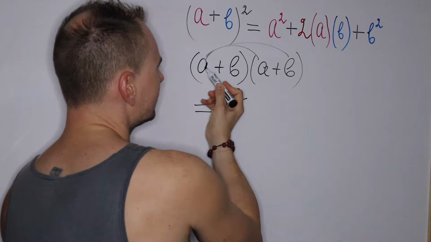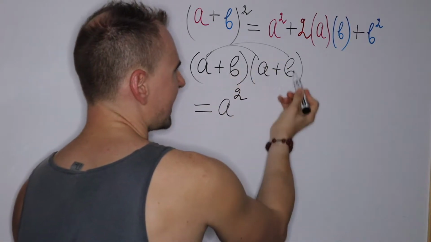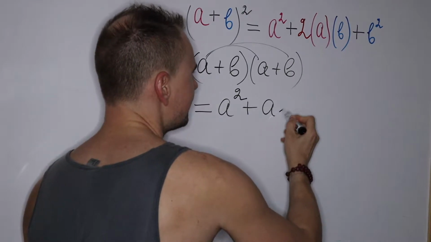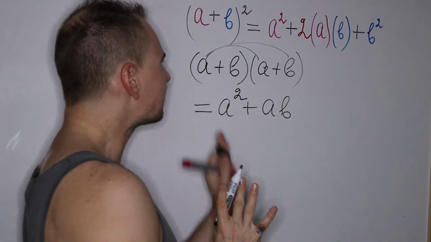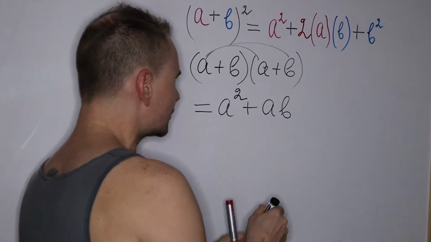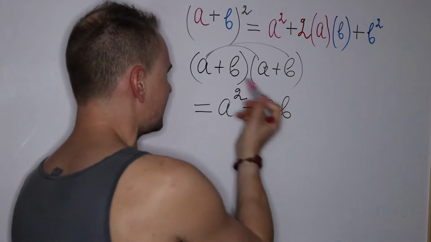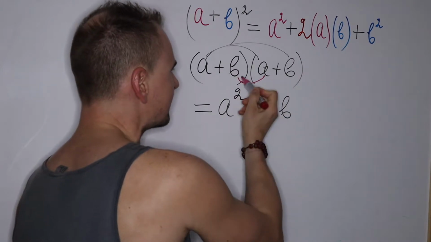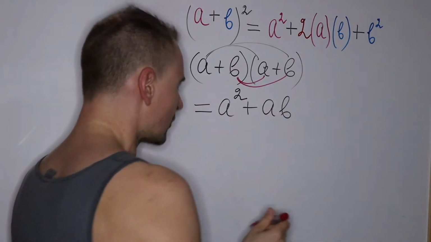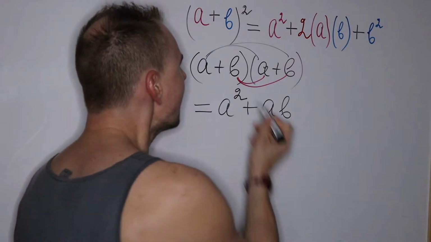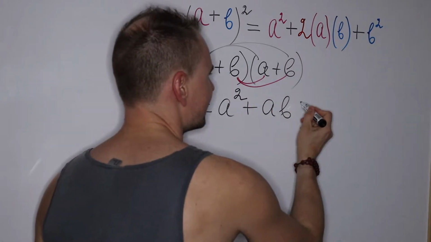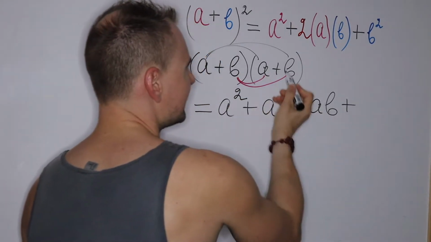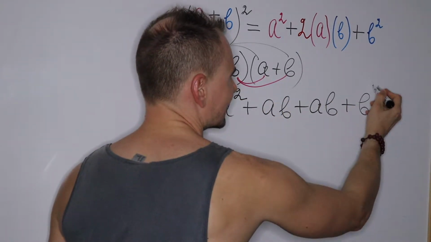Next, you take this a and multiply it by the second term in the second parenthesis, so it's going to be plus ab. The same rule applies for the second term in the first parenthesis, b: b times a is the same thing as ab, and you add b times b, which gives you just b squared.